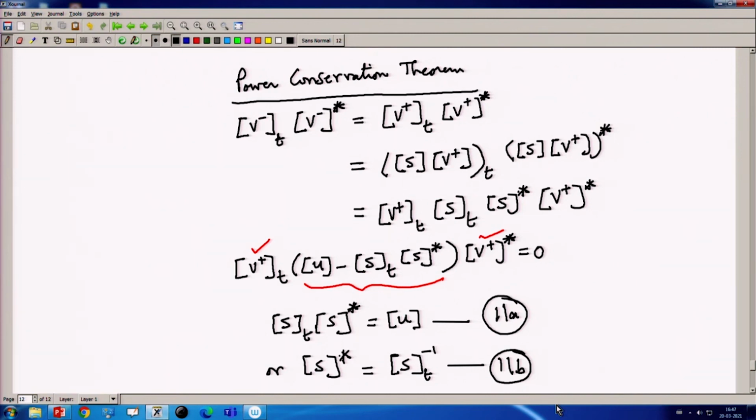So, basically we can obtain the same unitary characteristics from these expressions. 11b is the definition of a unitary matrix.